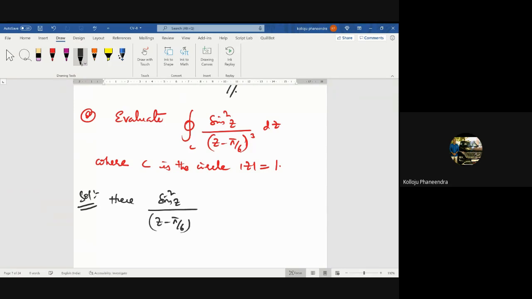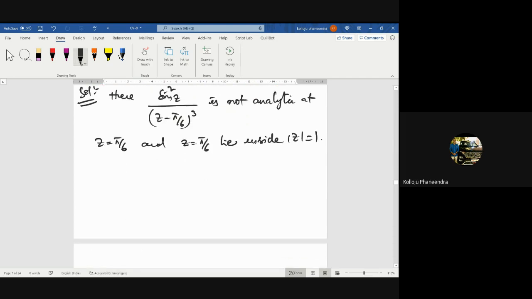Always remember, (z - π/6)^3 is not analytic at z = π/6. And z = π/6 lies inside |z| = 1, since |π/6| is less than 1.